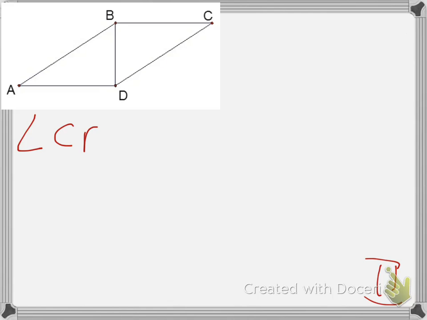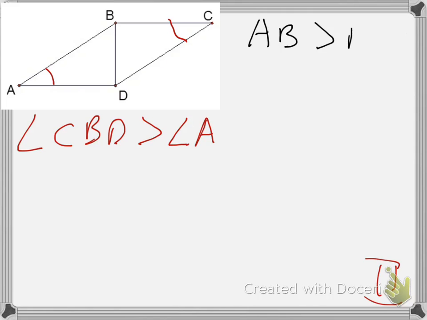Angle CDB, I got it backwards, is greater than angle A. So we know this and this is true. And they told us that if we go back here in black, AB is greater than BD. And they want us to look at angle CBD, this angle here.